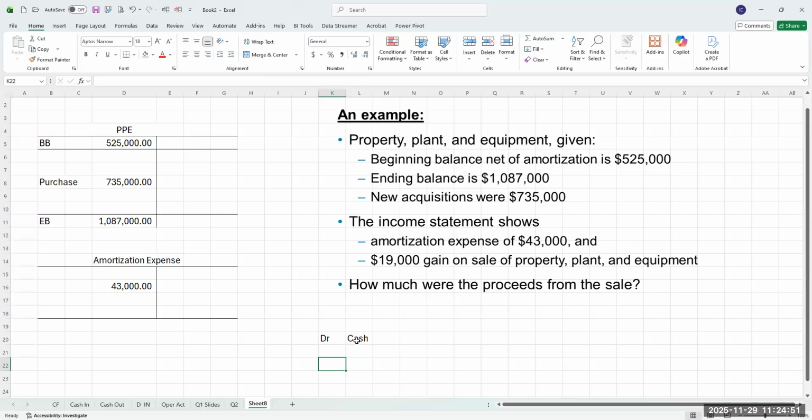Since I'm selling it and getting cash, I don't have the asset anymore, so credit will be property, plant, and equipment. I'm going to reduce that one. But that property, plant, and equipment comes with the amortization. So the other debit will be accumulated amortization.